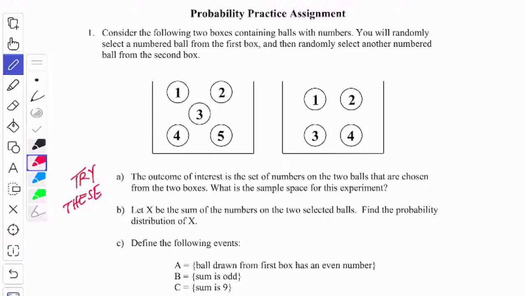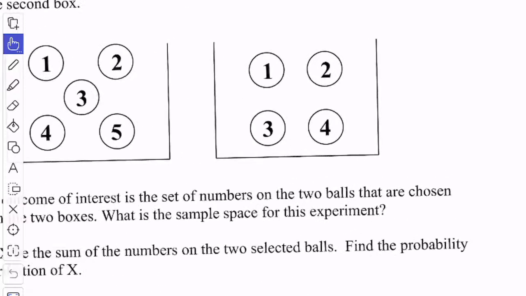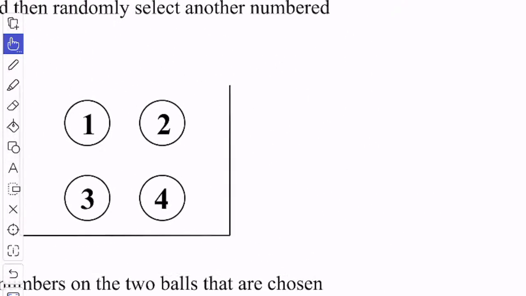What you should do is create a matrix. Remember, we saw this with gender and occupation. So let's set up a matrix of outcomes. I'll do that here.